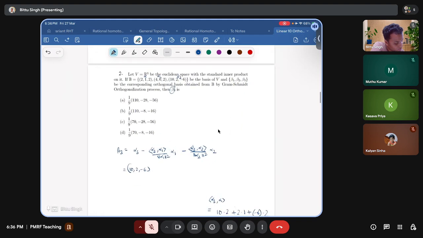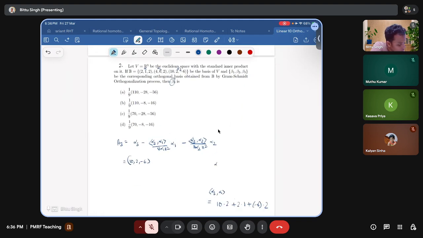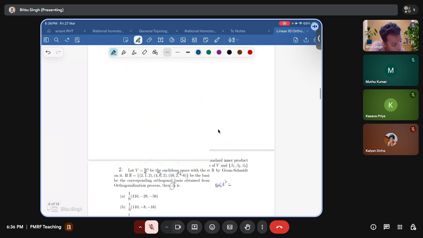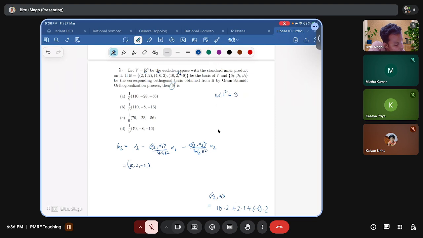And norm of alpha 1 squared, here I can write norm of alpha 1 square is same as, we have already calculated, this is 9. Norm of alpha 2 square, this is 4 square plus 6 square plus 2 square, 56, right?